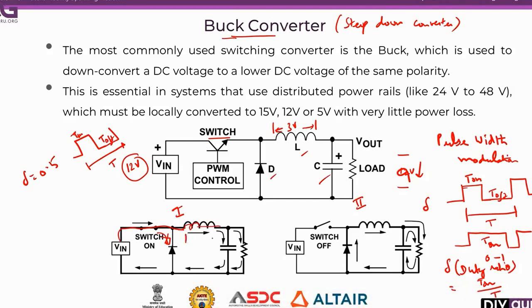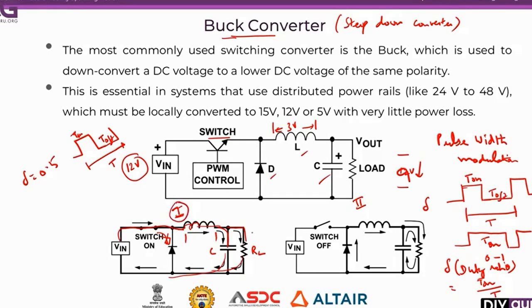There will be some voltage drop depending upon the value of the inductor. Then the current flows through the capacitor and also through the load RL. During the switch on time, this capacitor will also get charged. So current will flow in this direction as shown in mode 1.